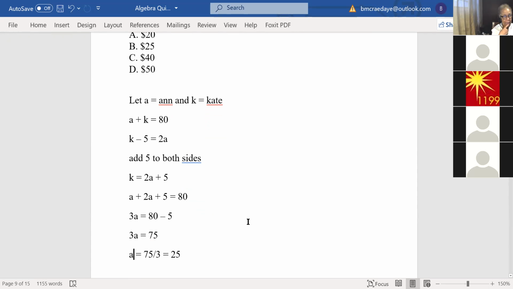So Ann had 25, Kate had 75, but she spent $5, and that makes up that $80. 75 plus 5 is 80. Got it? Yes. Okay.